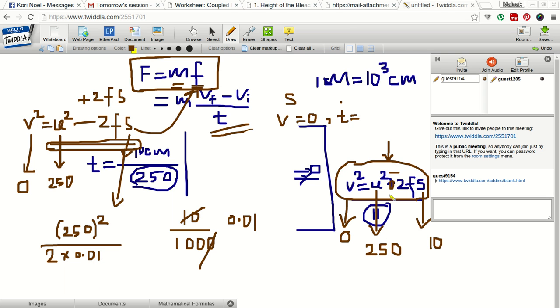But if I am given final velocity, initial velocity, and the time taken for the bullet to come to rest, which kinematic equation would I use to find this acceleration? Velocity initial equals velocity final plus acceleration times time. Exactly, but just the opposite: velocity final equals velocity initial plus acceleration times time.